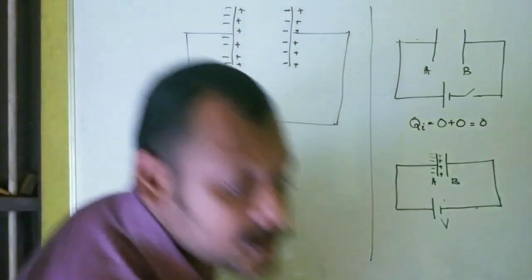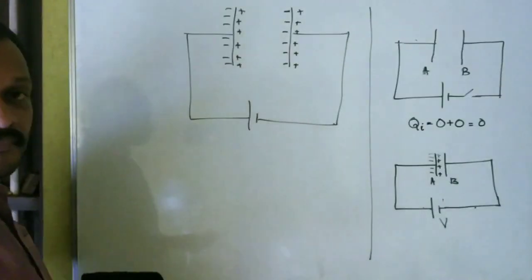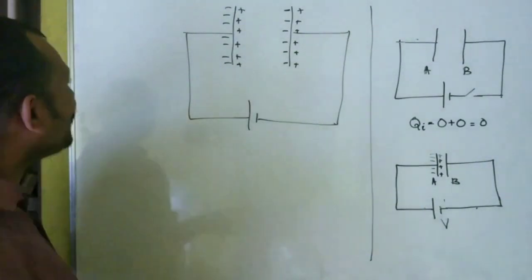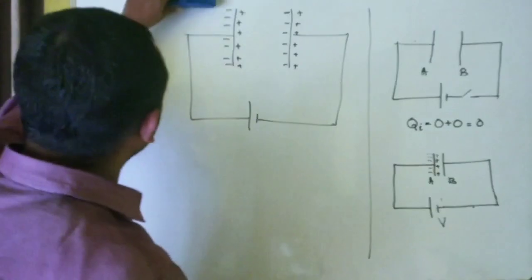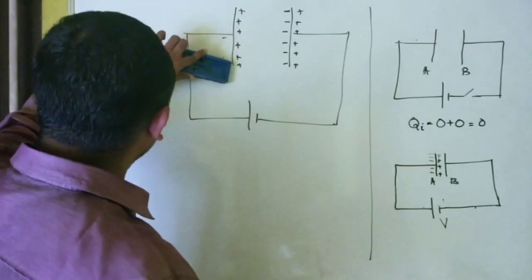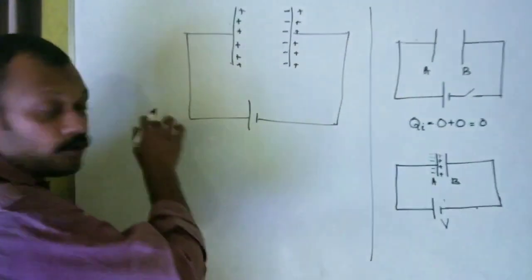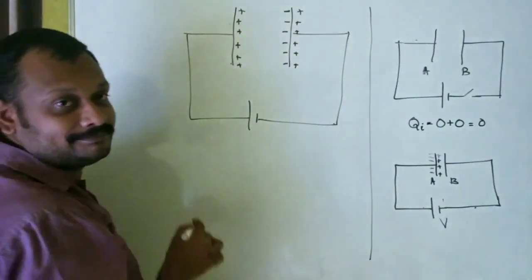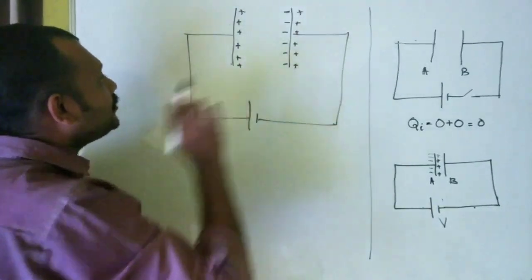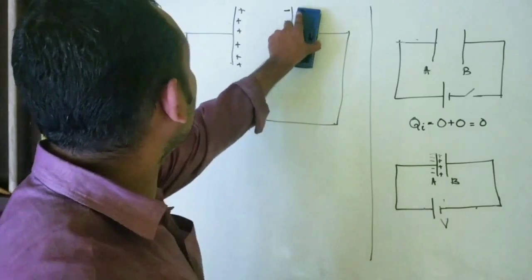Now the question I am asking you is, will these negative charges remain here? The answer is no. Why? Because this positive polarity will attract these negative charges. Negative charges will flow to ground. And similarly, that positive charge also will go to ground.